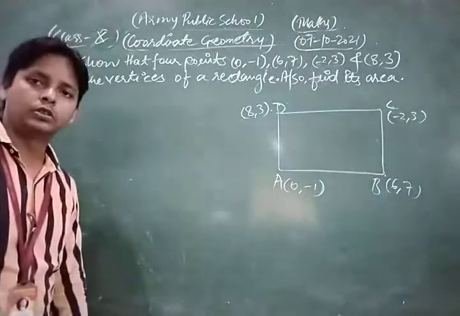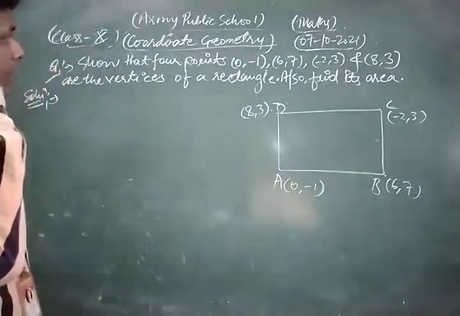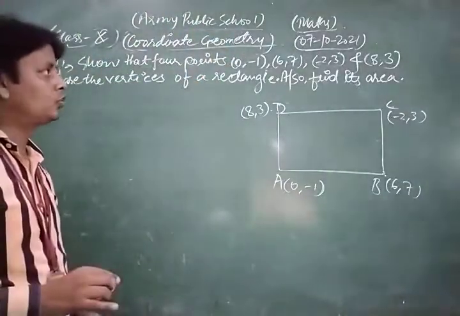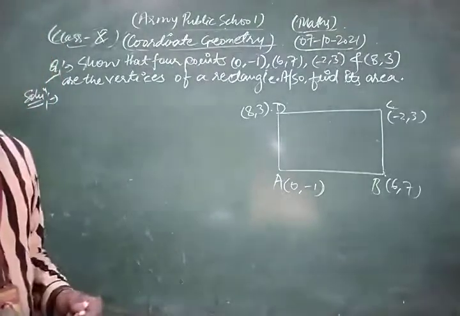Now look, so here we have to show that these points are the vertices of a rectangle.